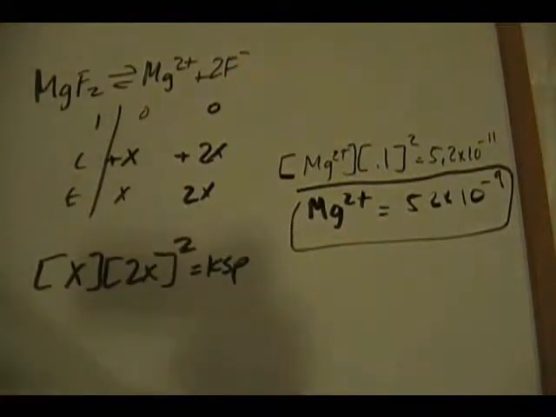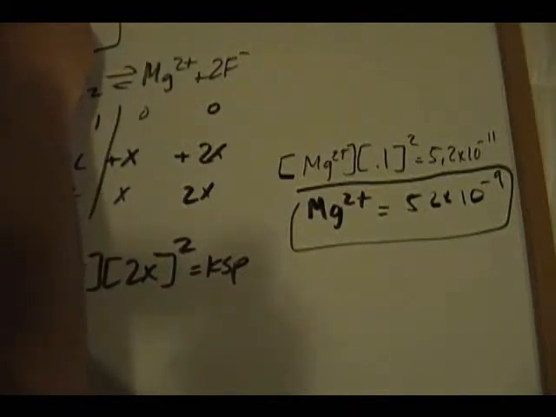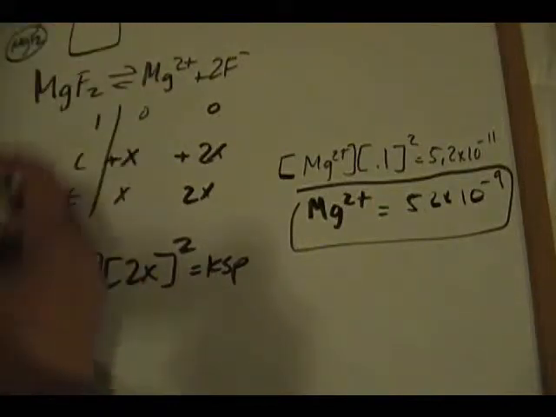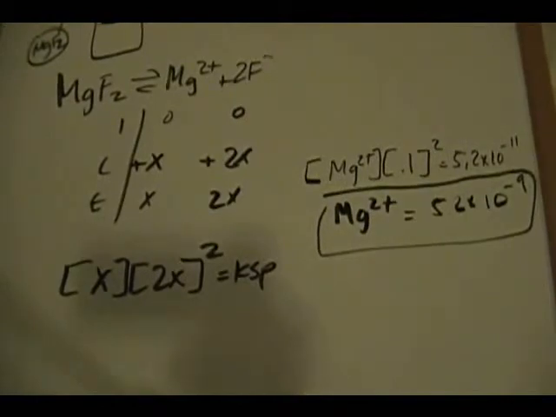So you guys are saying, well, what is this guy doing? Why didn't he multiply this 0.1 by 2? Didn't we do that last time? Well, the reason we are not doing this is because of the situation. In that situation, we had a beaker, and a chunk of magnesium fluoride dumped into some water.